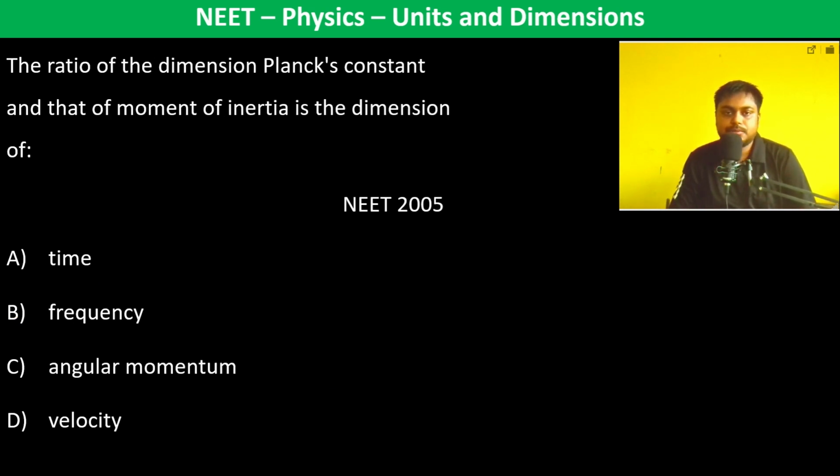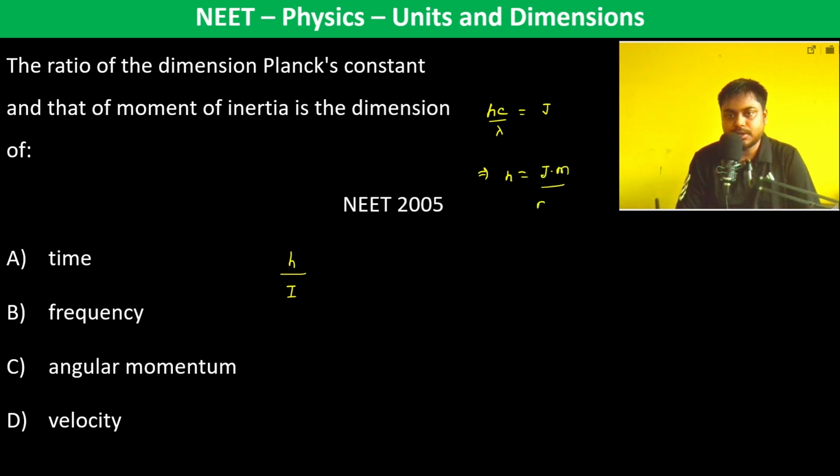The ratio of the dimension of the Planck's constant and that of the moment of inertia is the dimension of, okay, so Planck's constant h divided by moment of inertia I. We know that hc by lambda is equal to energy, which is joule. Therefore h is equal to joule into meter by meter per second, gone, so this is joule second.